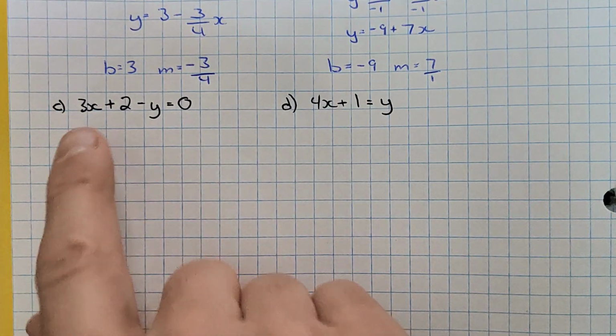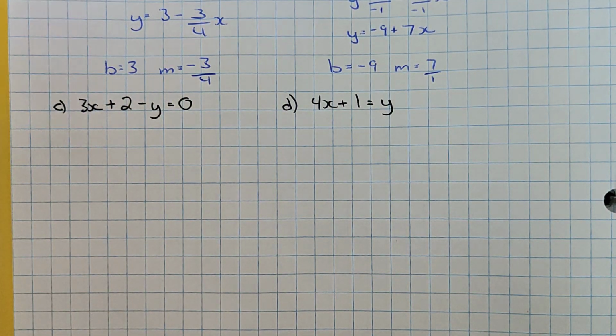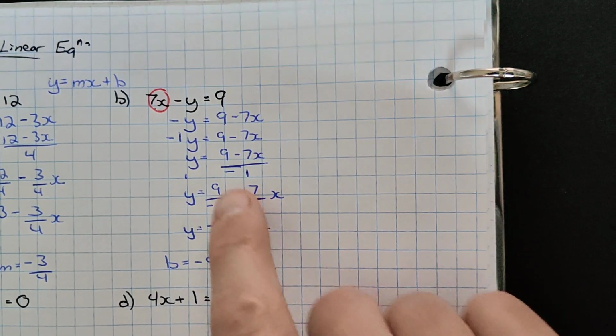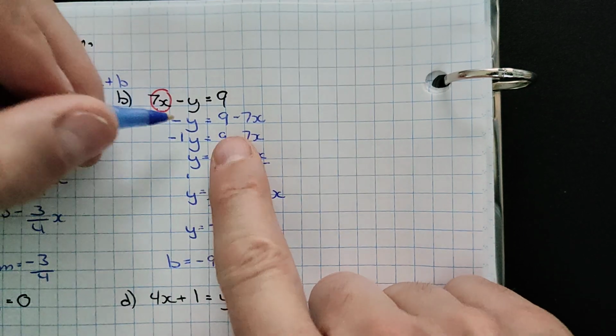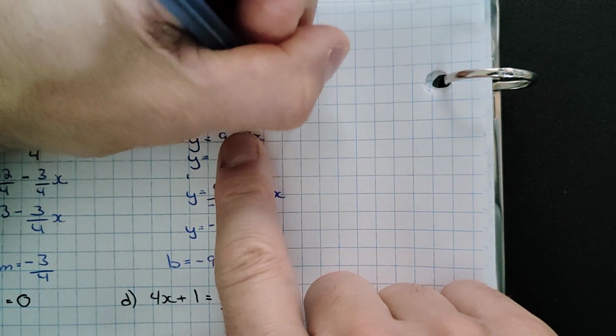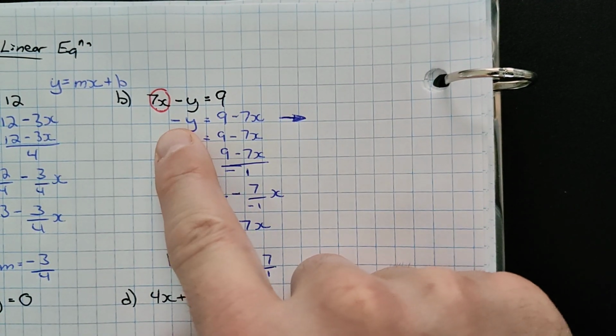If we move on to the next example, we have 3x plus 2 minus y equals 0. Actually, I completely missed the second version of solving the previous one. From this step right here, there is an alternative method. This is negative y.